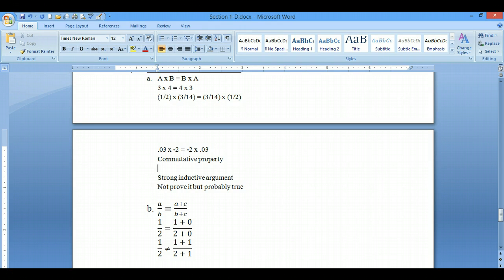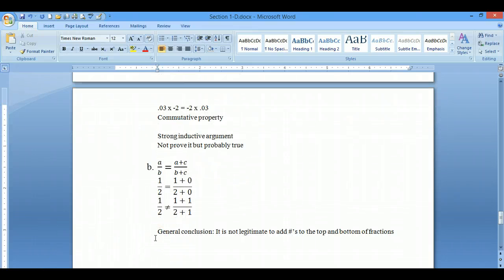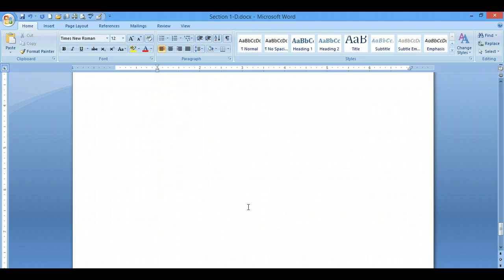Let's try the next one. 1 over 2, or 1/2, does not equal when I add 1 to the top and the bottom. 1 plus 1 and 2 plus 1 gives me 2/3. This is not true. So I have my general conclusion from the inductive argument, but no, it doesn't work. Adding numbers to a fraction on the top and bottom doesn't equal.